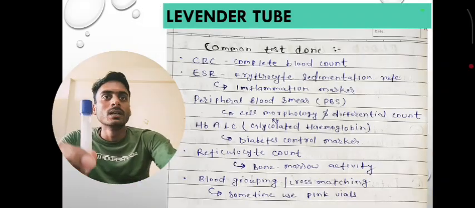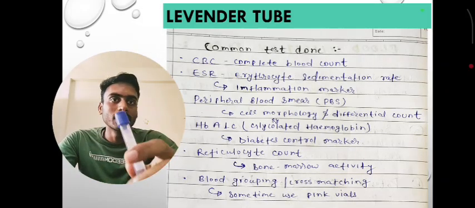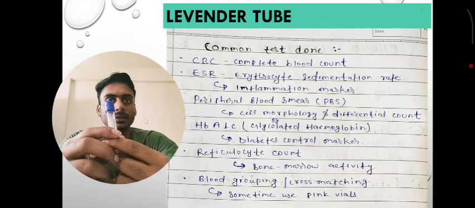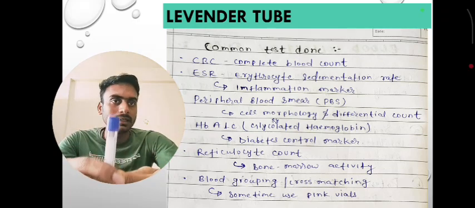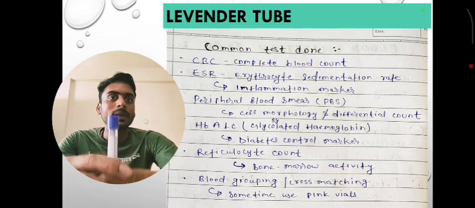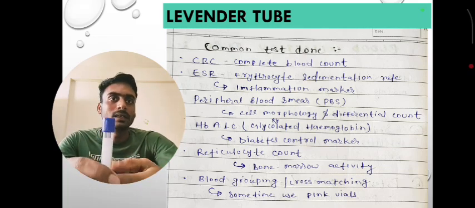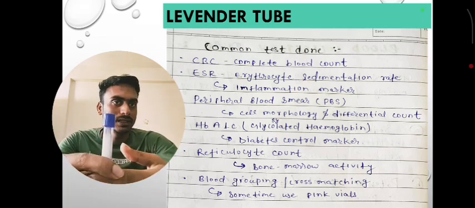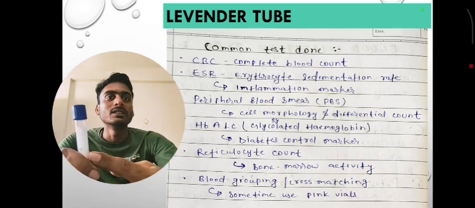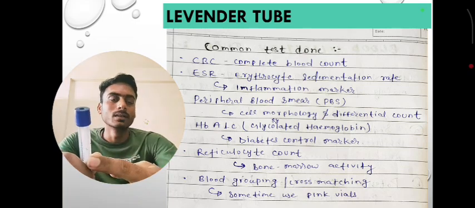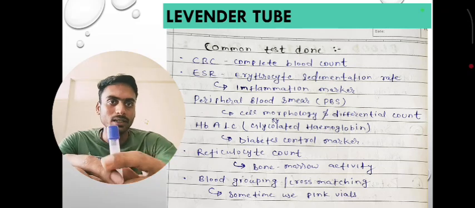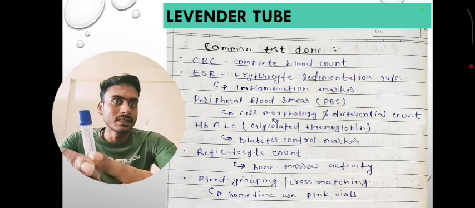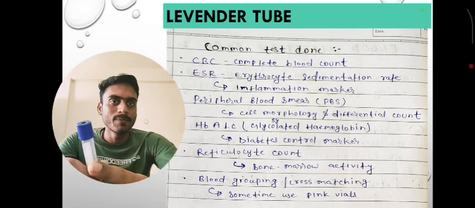The most common tests done in the lavender tube are CBC, complete blood count; ESR, erythrocyte sedimentation rate, which can indicate inflammation; peripheral blood smear, which can identify cell morphology and cell structure; HbA1c, glycosylated hemoglobin, used for a diabetes patient; and the reticulocyte test for bone marrow activity.